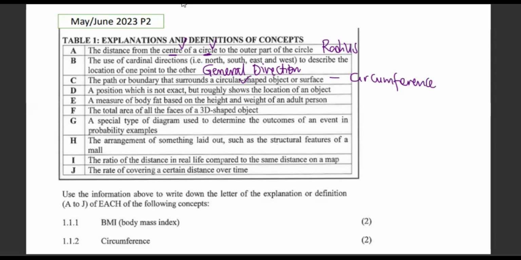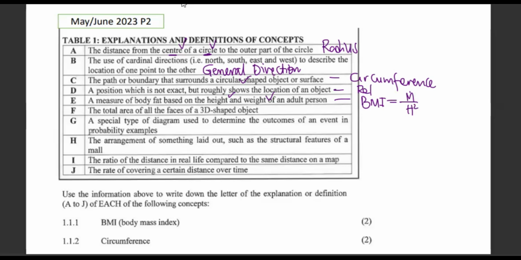A position which is not exact, but roughly shows the location of an object, we can call relative direction. A measure of body fat based on height and weight is BMI, the body mass index, which we know very well: mass in kilograms over height in meters squared.